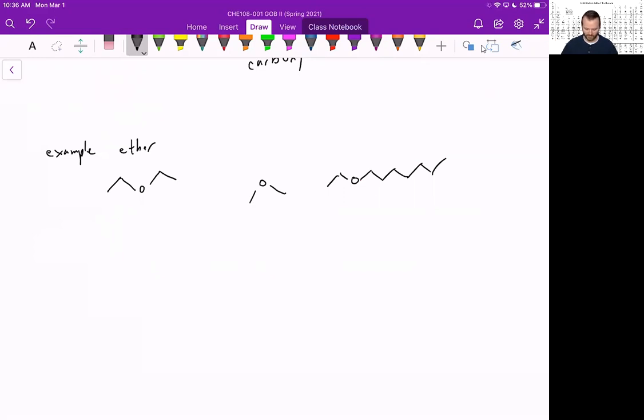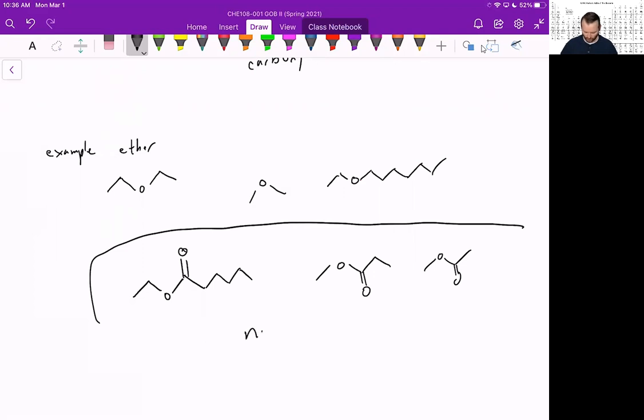They both start with E, but an ester has the carbonyl in it. Again, trying to distinguish: these are not ethers. They are esters.